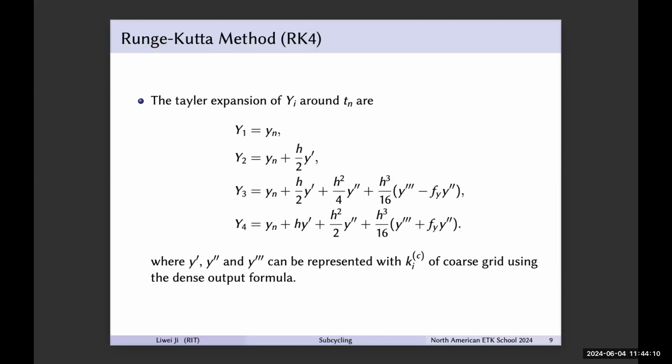Right now it can be expressed in terms of y and y prime, and as we just talked about, we can use this dense output from the coarse level to approximate this y and y prime on the coarse side. And then we interpolate in space to the fine ghost points. Then we can perform the step.